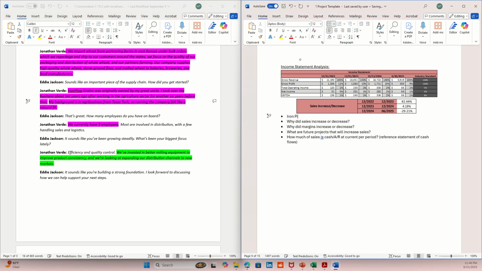Iron Plow Grains is a whole wheat distribution company.